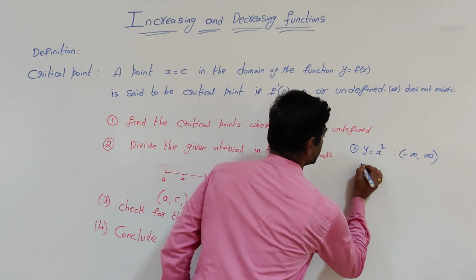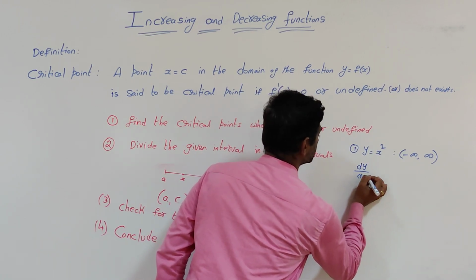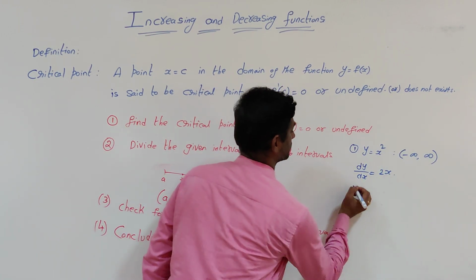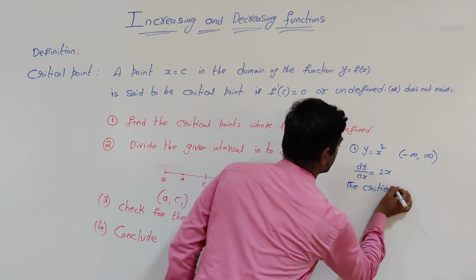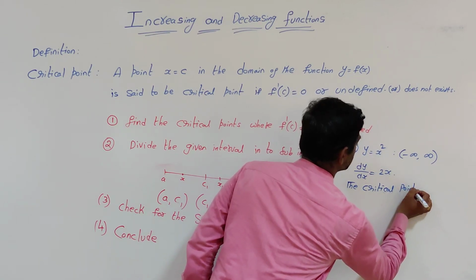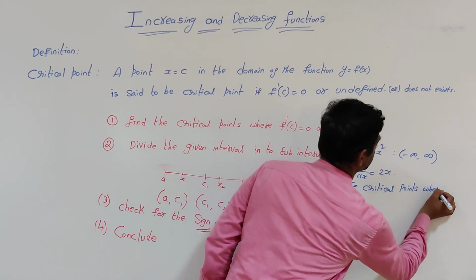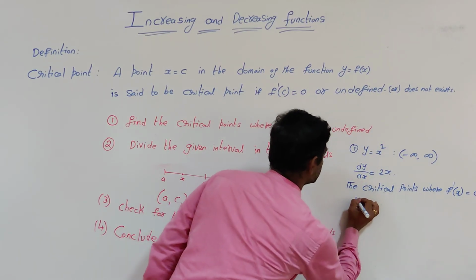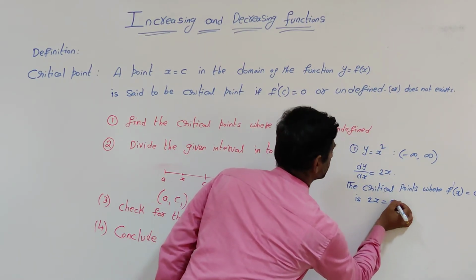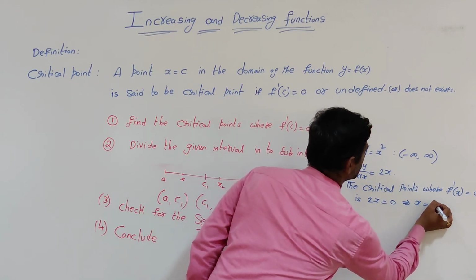So take the derivative, dy by dx is equal to 2x. The critical point where f dash of x is 0: 2x is equal to 0, so x is equal to 0.